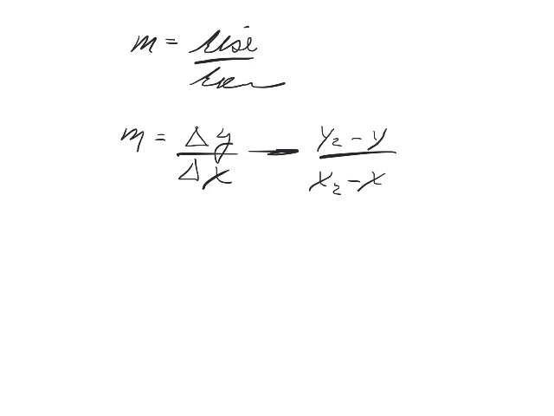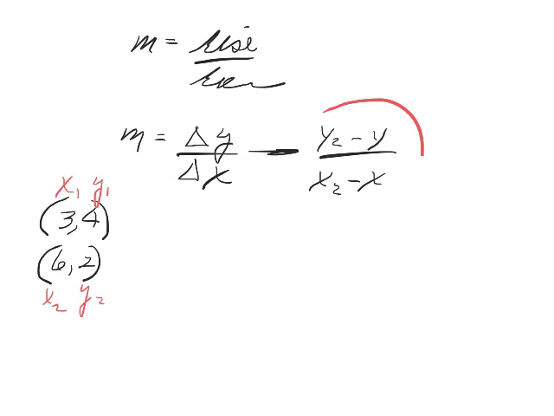So for instance, if I had 2 points, (3, 4) and (6, 2). I called this one y1, and this y2, and this x1, and this x2.